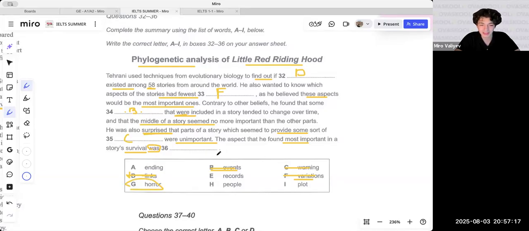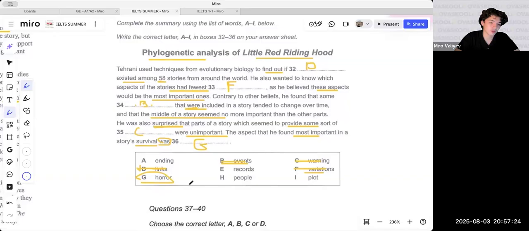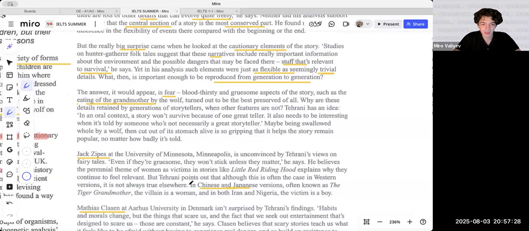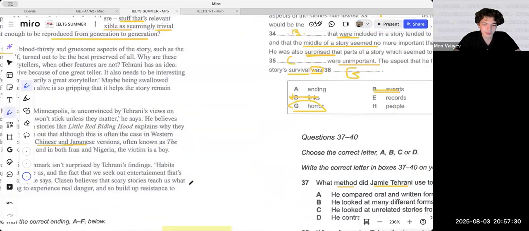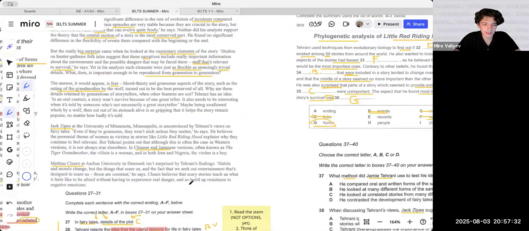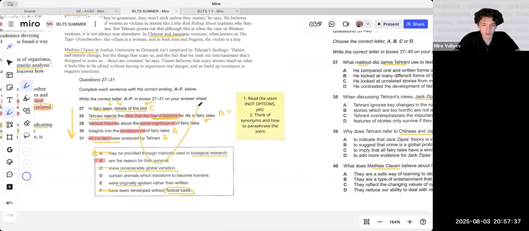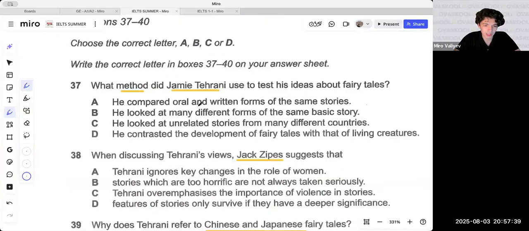So the most important part that helped the story to survive is horror, which is quite controversial, I would say, because the kid is reading that. No comments, right? No comments. All right, seems like we're done with that. We're done with this one, so we're just left with multiple choice.